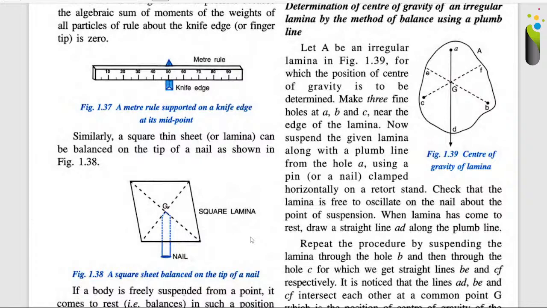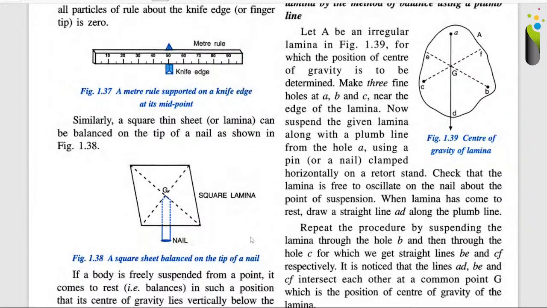Make 3 fine holes at A, B and C near the edge of the lamina. Now suspend the given lamina along with the Plumb line from the hole A using a pin or a nail clamped horizontally on a retort stand. Check that the lamina is free to oscillate on the nail about the point of suspension.